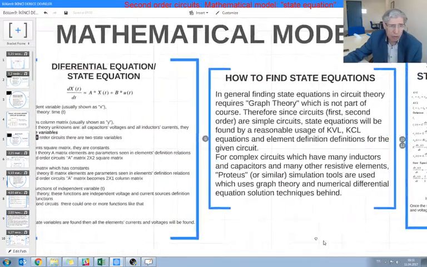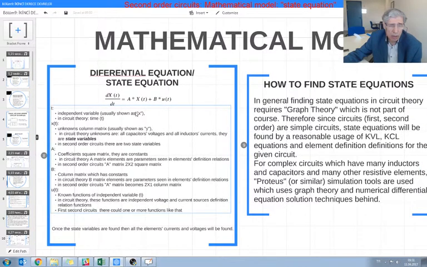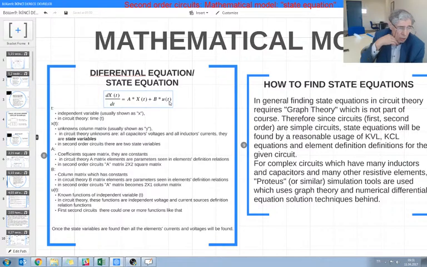So what we are going to see in A is this, and we said A is a square matrix. B is a column matrix. What is inside B? Inside B we have once again element parameters, but the difference between capital A and capital B is that A is a square matrix, B is a column matrix. What is u(t)? u(t) is the known input in mathematics.